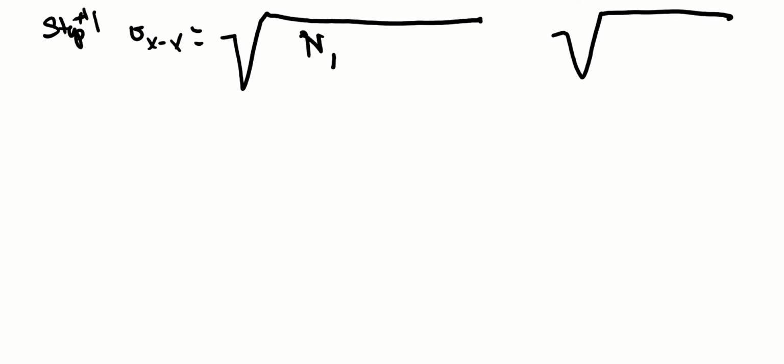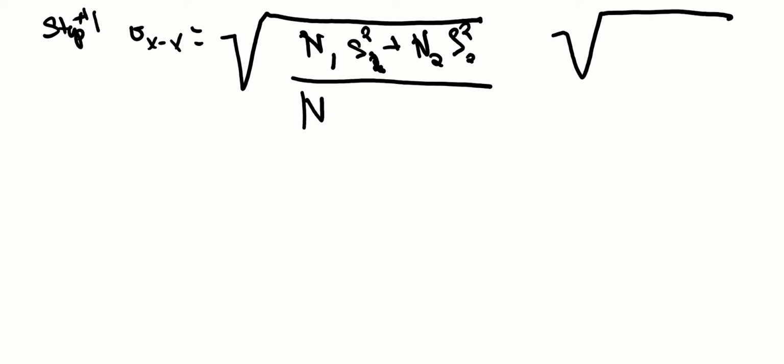It's sample size number one times the standard deviation squared of sample number one, plus sample size number two times the standard deviation squared of sample number two, over n1 plus n2 minus two.